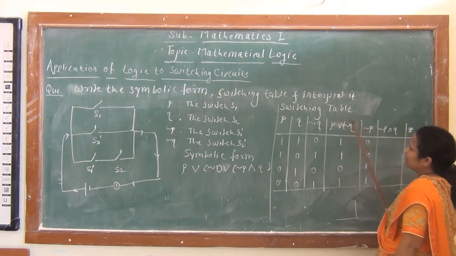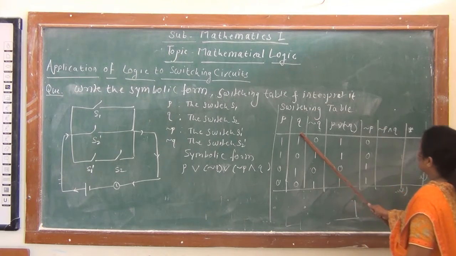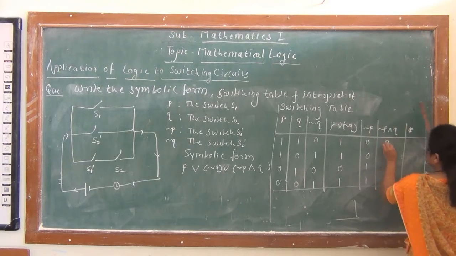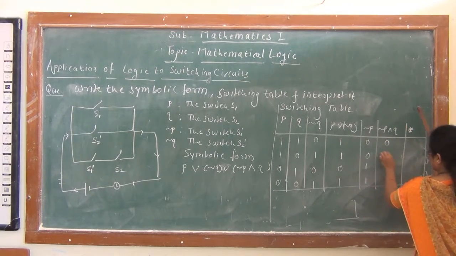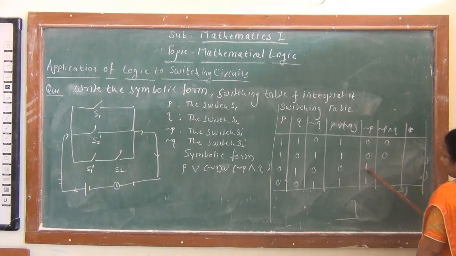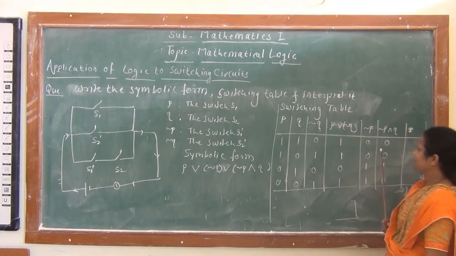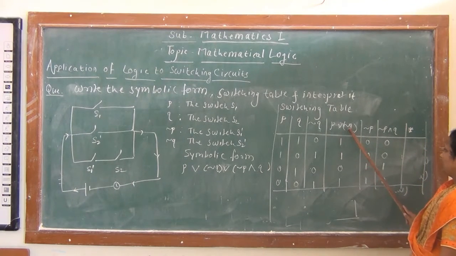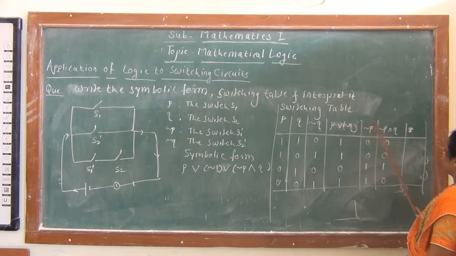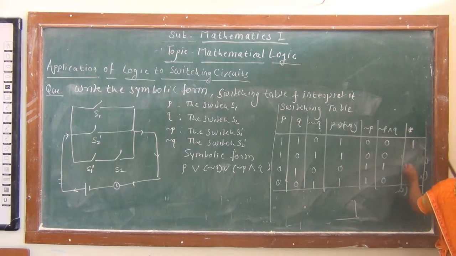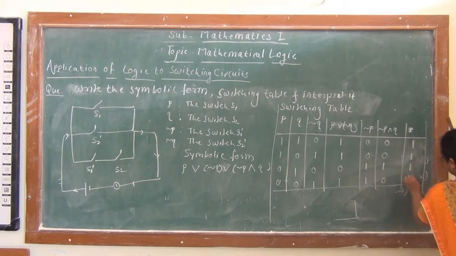Now negation P and Q. So we use conjunction: 0 and 1 is 0, 0 and 0 is 0, then 1 and 1 is 1, 1 and 0 is 0. And now the resultant column, that is we take the disjunction between this 4th column and this 6th column. So 1 or 0 is 1, 1 or 0 is 1, 0 or 1 is 1, 1 or 0 is 1.